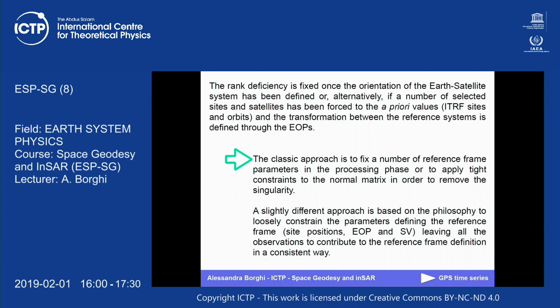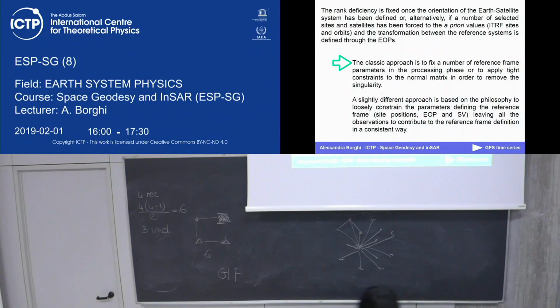The simple way to fix the rank deficiency is to fix the coordinates of a known point. For instance, a reference point given by the reference system, the reference frame, for instance from ITRF.